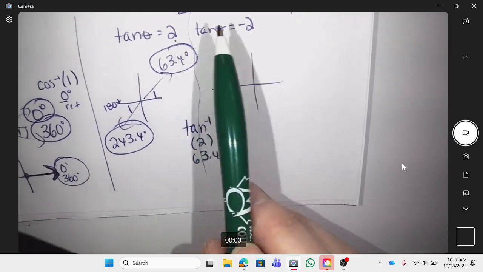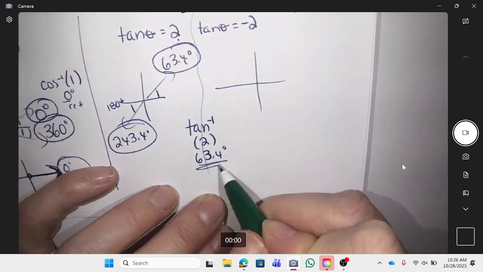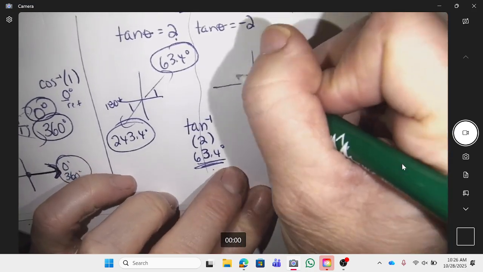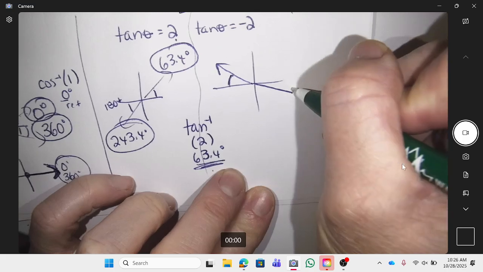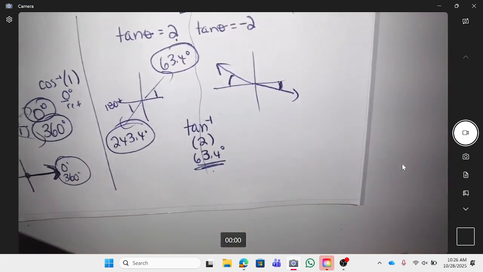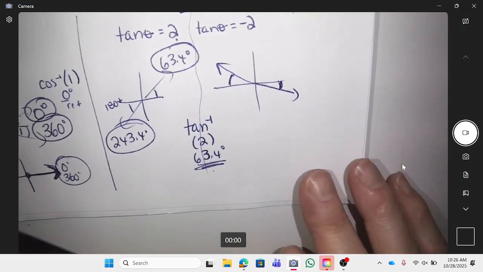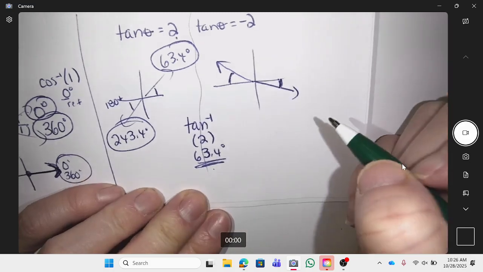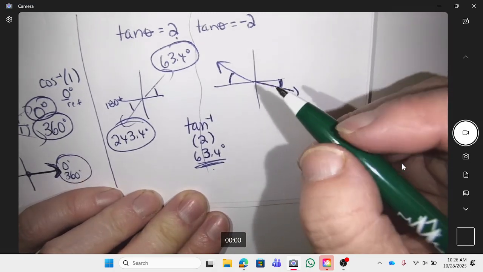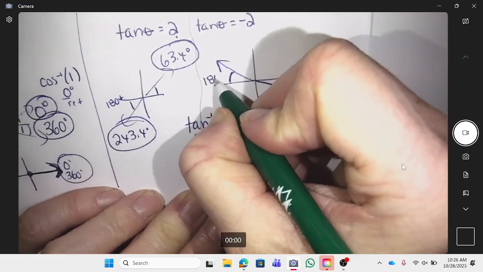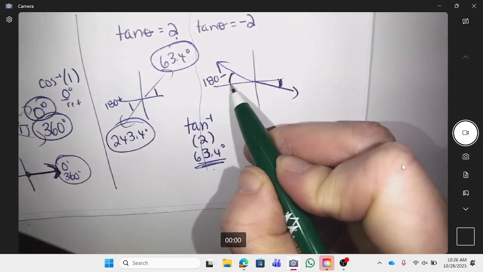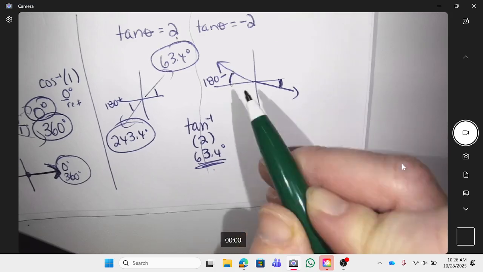I don't care because I just write 2. So I'm still going to go with this reference, but to be negative tan, I'm going to put myself into quadrants 2 and 4 to be negative on the tan, right? Astica. So this location is less than 180.